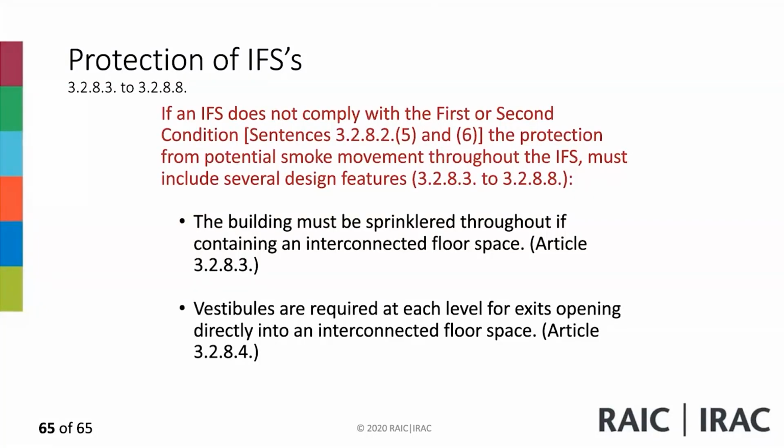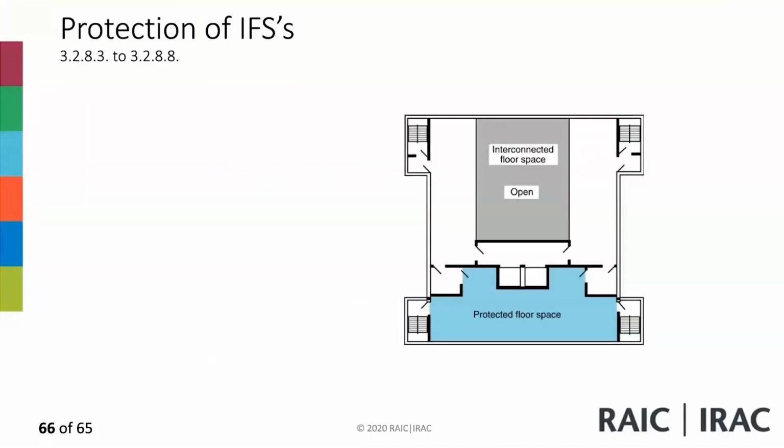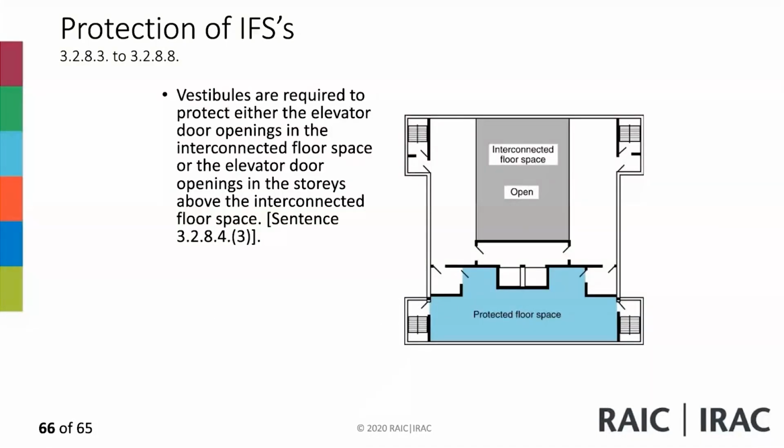An opening into the interconnected floor space, an exit opening, needs to conform to 3.4.3.2.6. This is related to exit separation in 3.4.3.2.6. And this one is for elevator hallways, sentence 3 in 3.2.8.4.